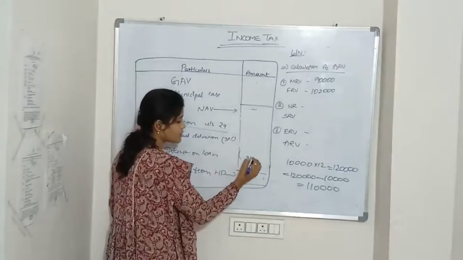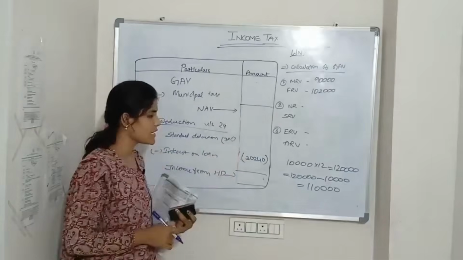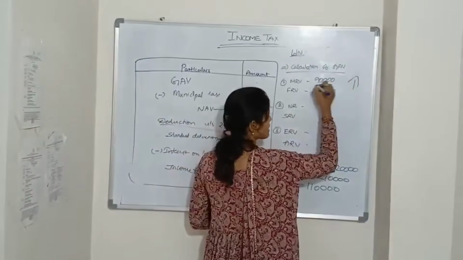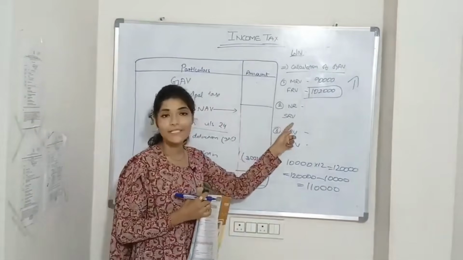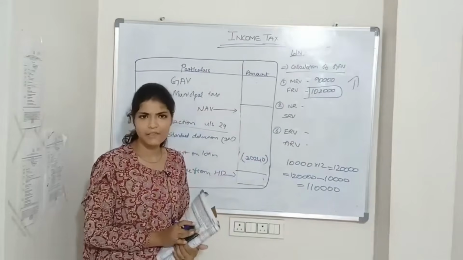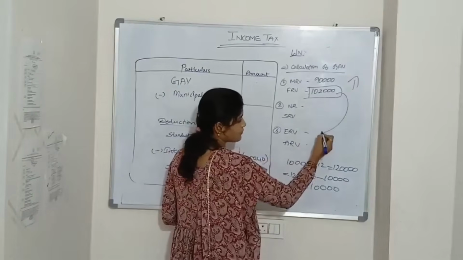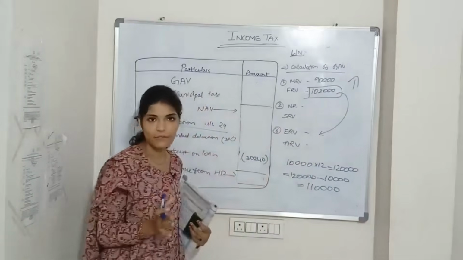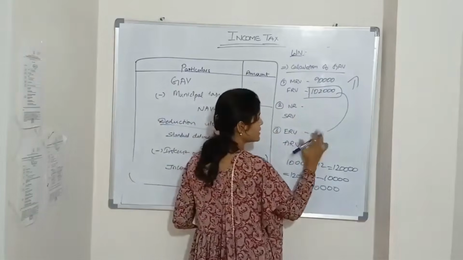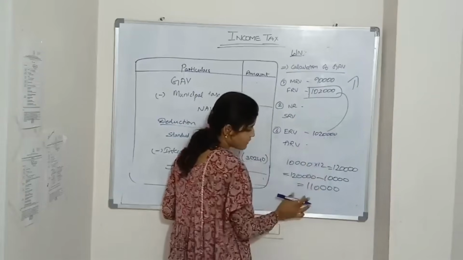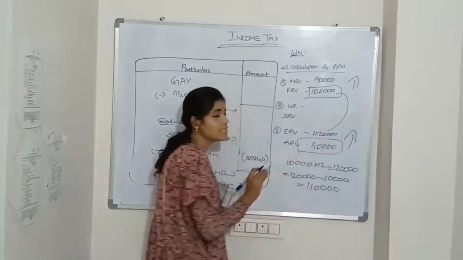So 30,240 he says. To calculate GAV, whatever is the highest amount among these two, we call it a notional rent, but in the question they didn't give standard rental value. So in that case, we skip this step and go directly to the third step. ERV is 1,02,000, ARV is 1,10,000. Whatever is the highest amount we call it GAV.